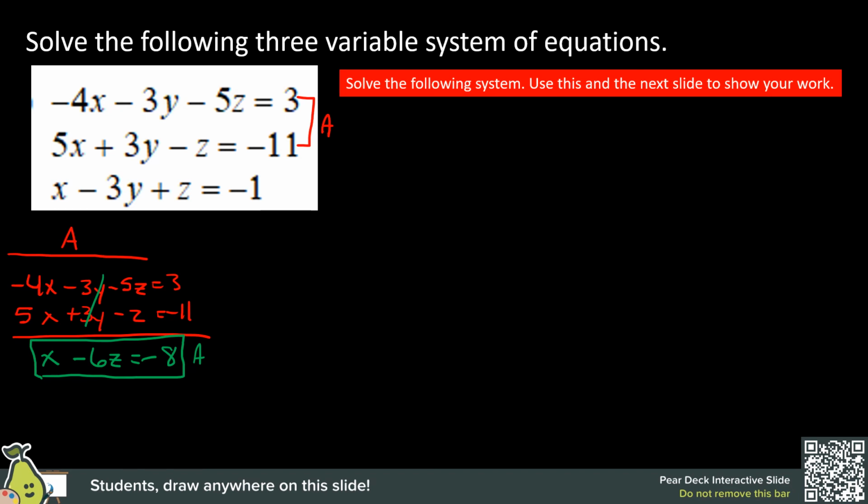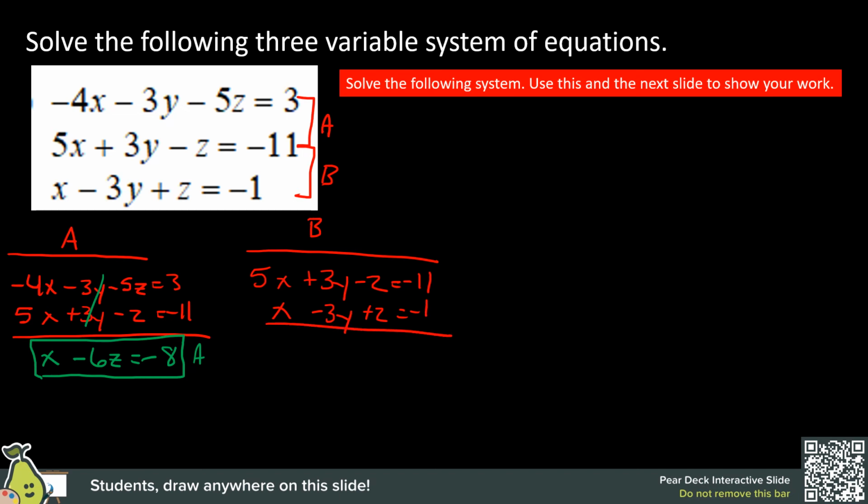I'm going to take this one and this one for B. The reason for that is I can see that I have that 3y and that minus 3y, and those are going to be really nice to simplify out. So we'll say 5x plus 3y minus z equals negative 11, and x minus 3y plus z equals negative 1.